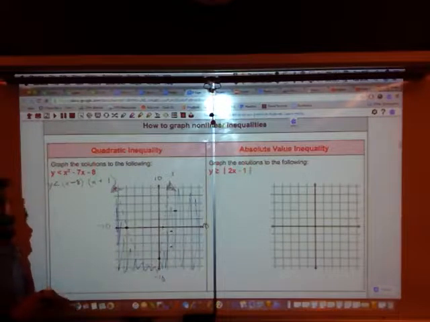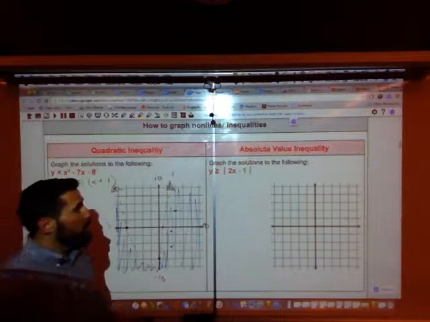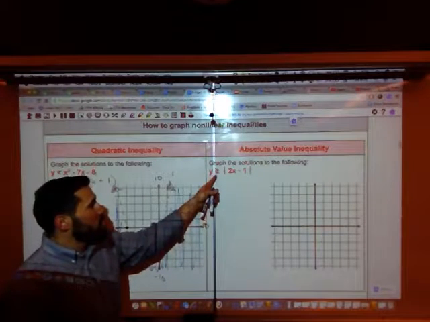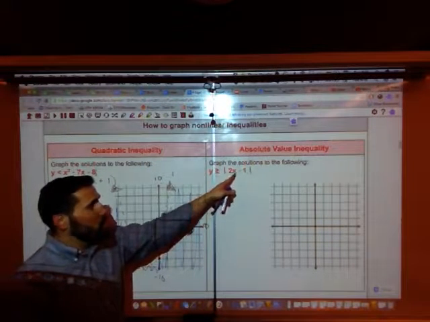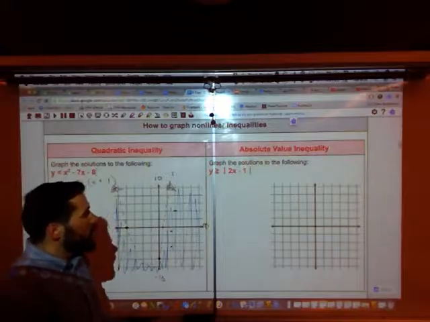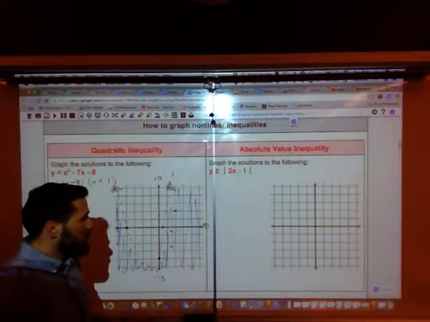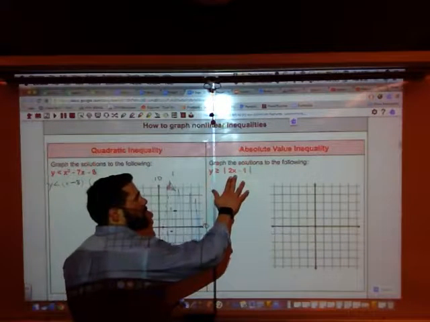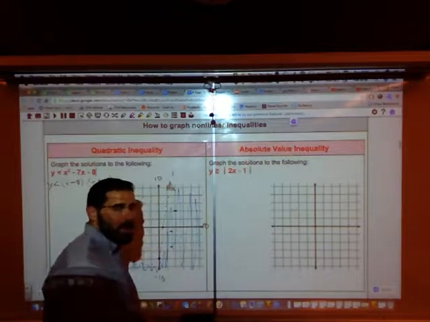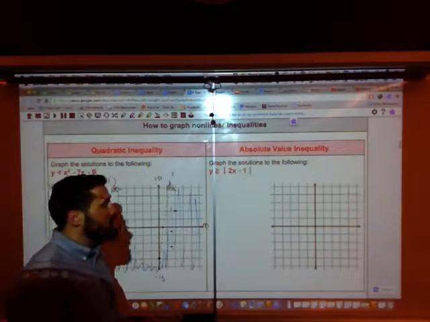I'll move over to the absolute value inequality. So graphing this inequality, y is greater than or equal to the absolute value of 2x minus 1. I could make a t-table for this, or I could recognize that 2x minus 1 is in linear form, y equals mx plus b.